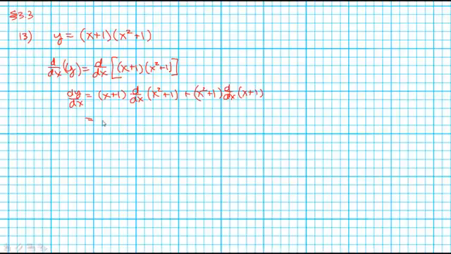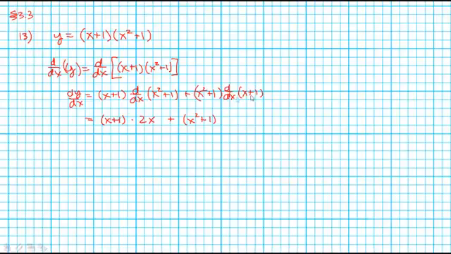So continuing this on, I get (x + 1) times the derivative of x² + 1. Now I might write this very explicitly, or I could just say that that's going to equal 2x if I'm feeling very comfortable with my differentiation skills.